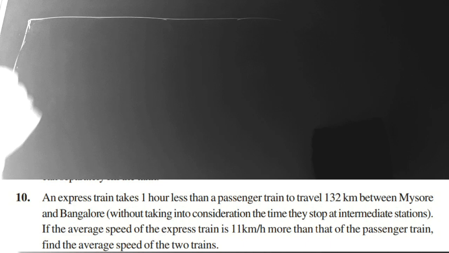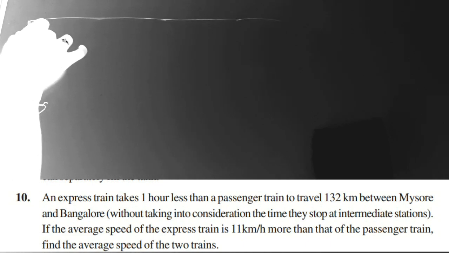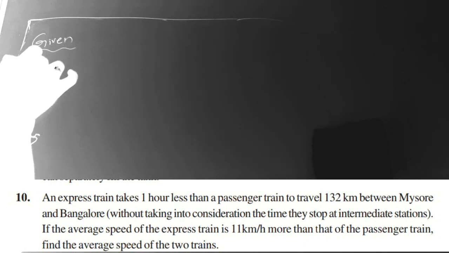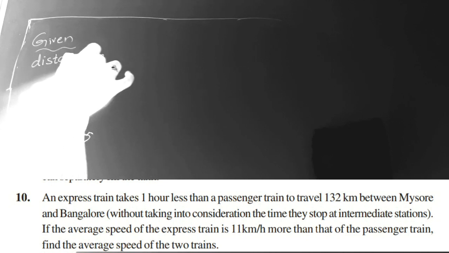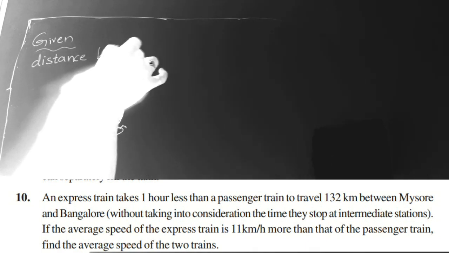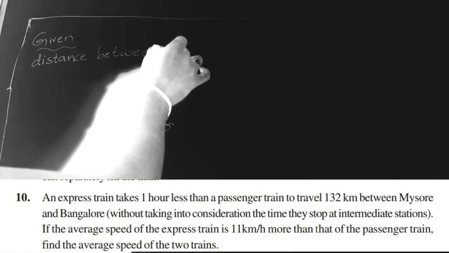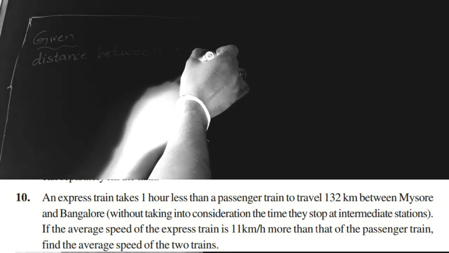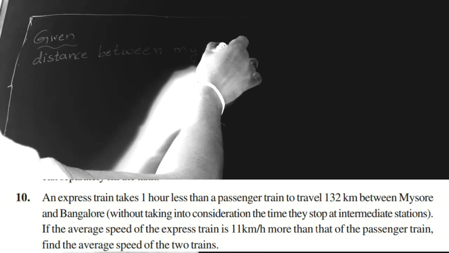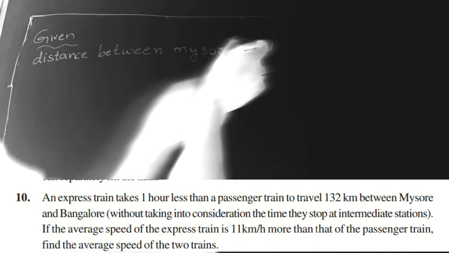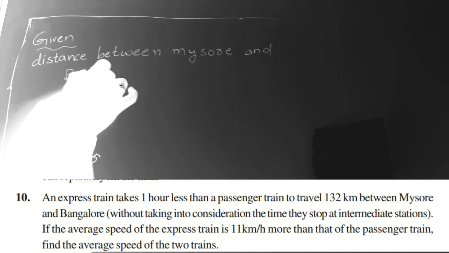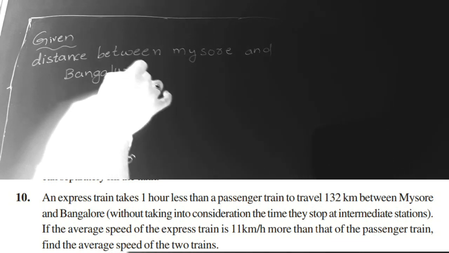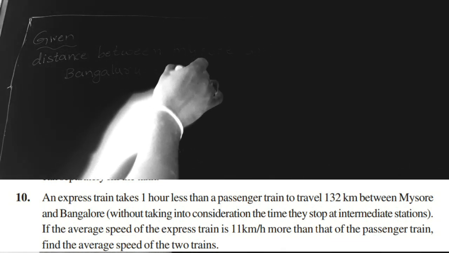So it is given that the distance between Mysore and Bangalore is equal to 132 kilometers.